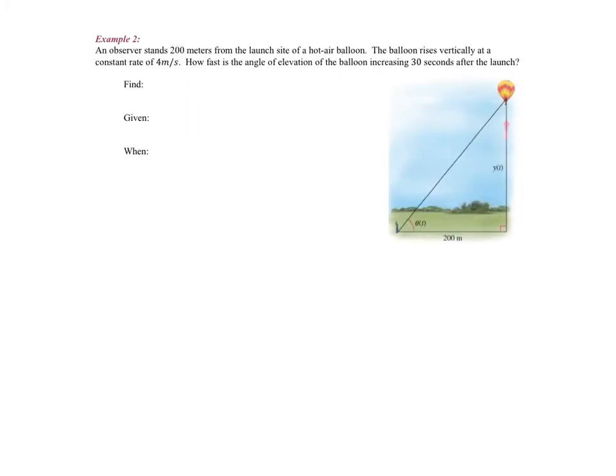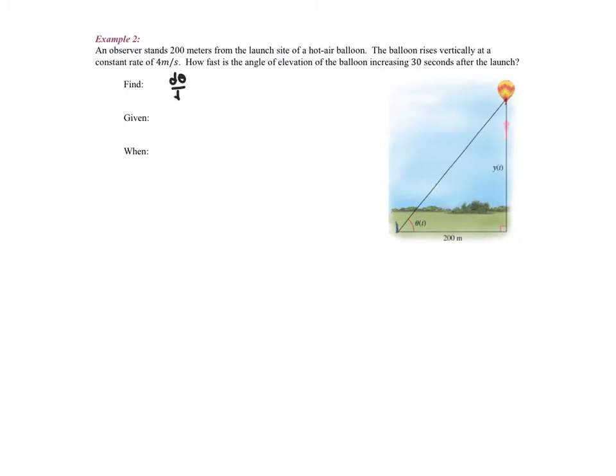All right, here we are, example 2. An observer stands 200 meters from the launch site of a hot air balloon. The balloon rises vertically at a rate of 4 meters per second. How fast is the angle of elevation of the balloon increasing 30 seconds after launch? Okay, so what we want to find is d theta/dt.